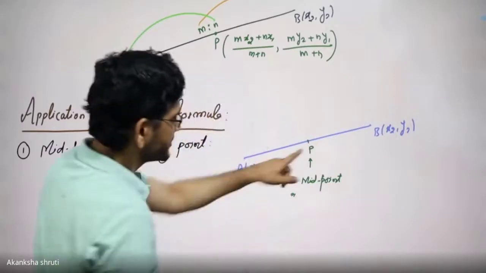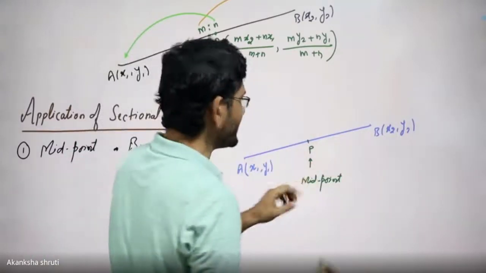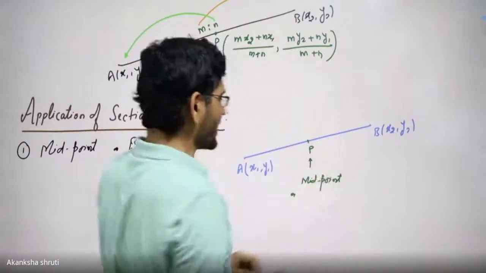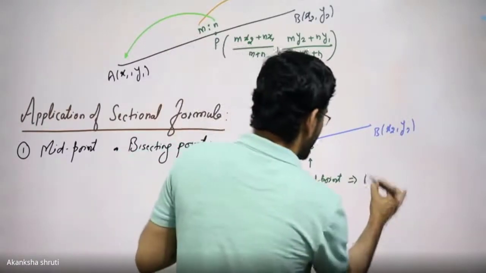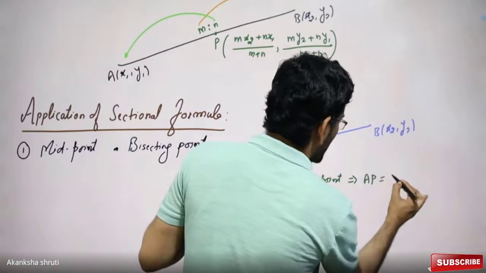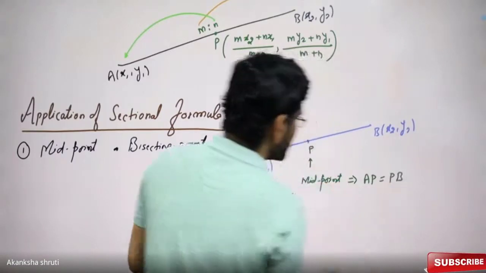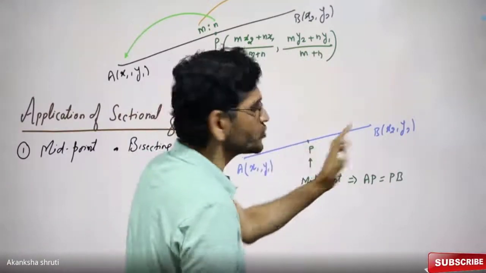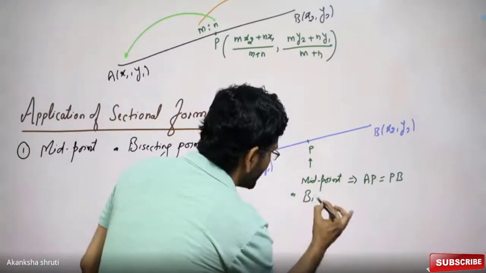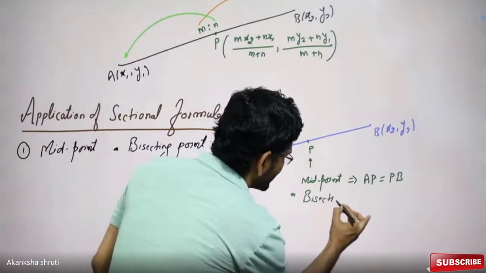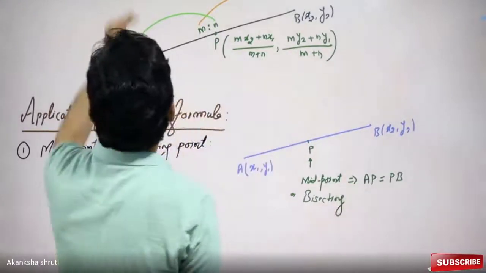This means it is bisecting AB into two equal parts. This implies AP will be equal to PB. That's why it is also called bisecting.